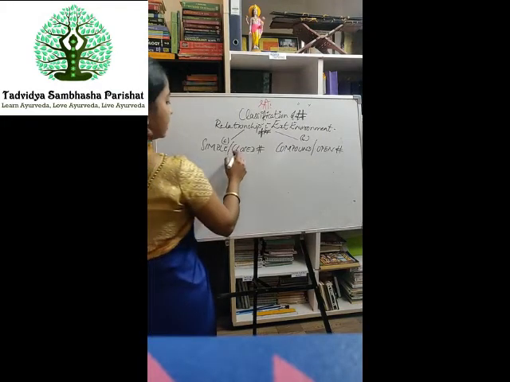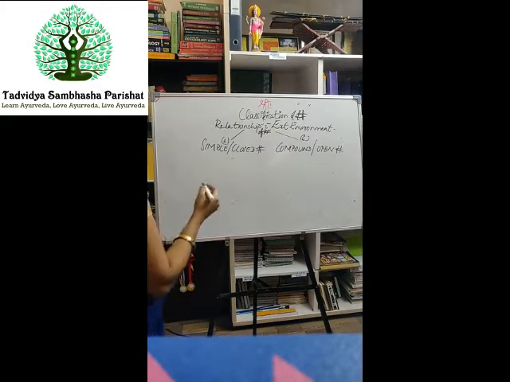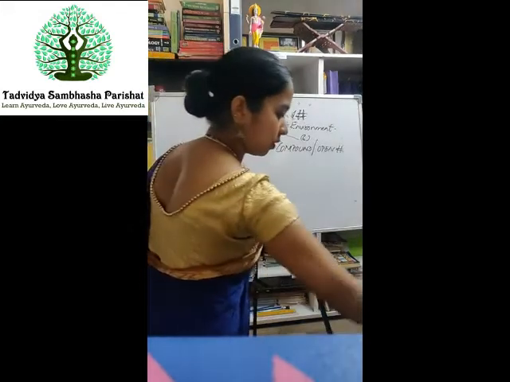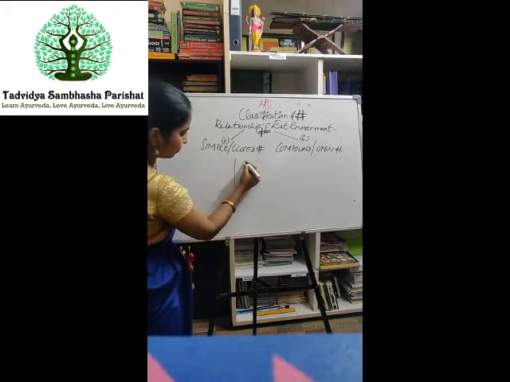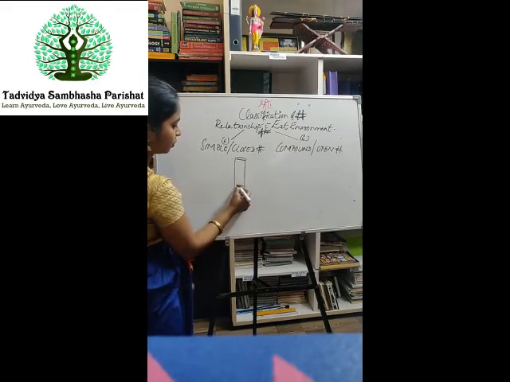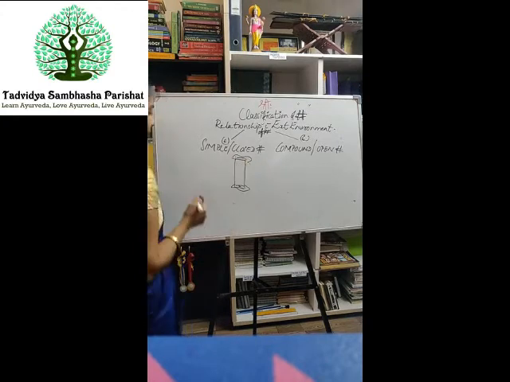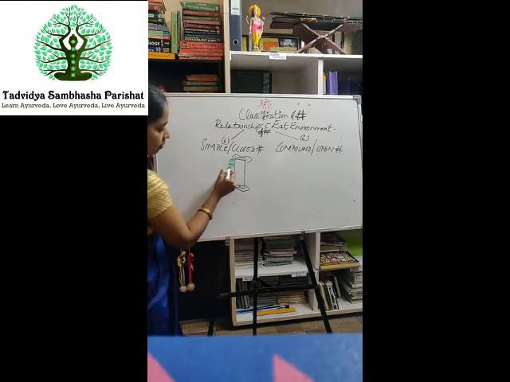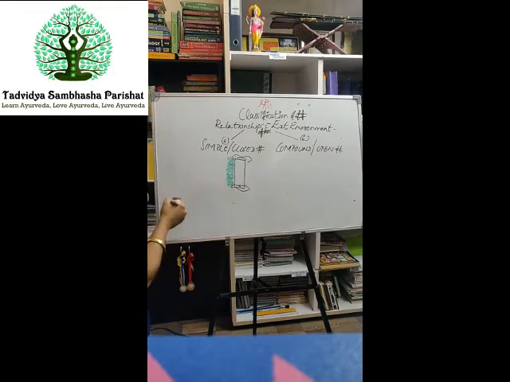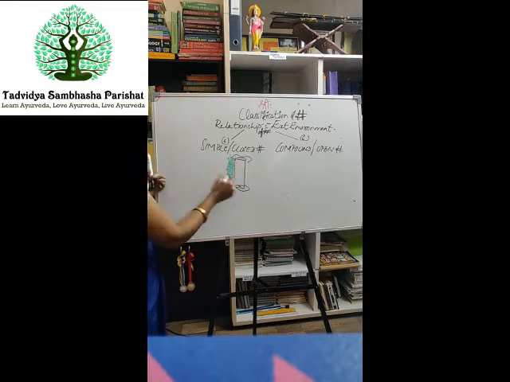Now what happens in a simple or closed fracture? Suppose this is the bone tissue. Attached to the bones we will have muscles, ligaments and tendons. So these are the bony attachments, along with the neurovascular bundle running inside them.